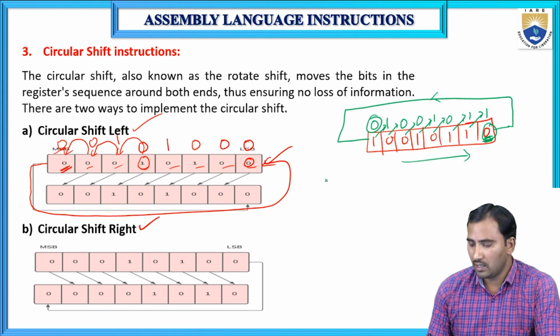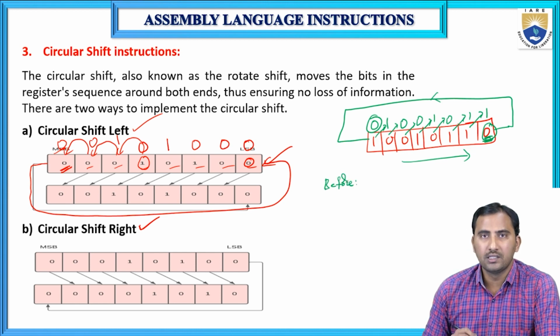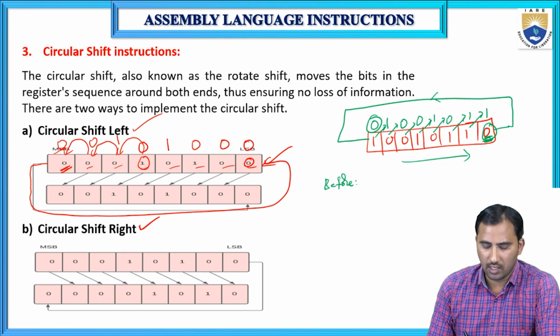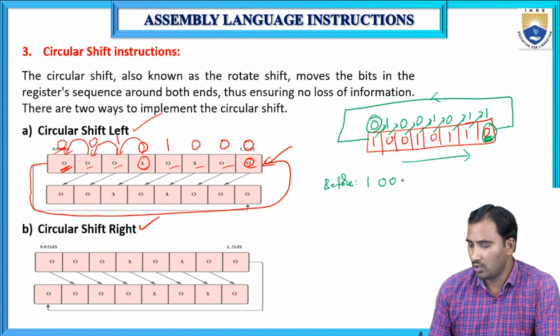So what is the data before performing the circular shift right? That is 1 0 0 1 0 1 1 0.